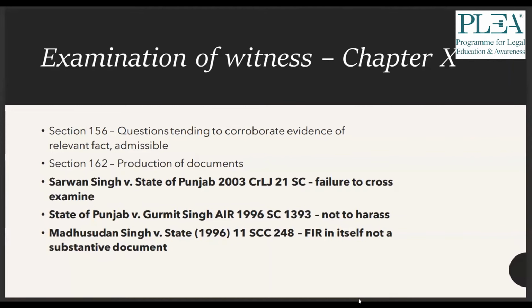It's a 1996 matter. Madhusudan Singh versus State is again a 1996 case, and it talks about FIR not being a substantive document. Now, why? Because FIR is written by the police. Once they catch hold of a person, they see what has happened and they write certain sections of IPC. Say they have written 457, 353, 511, read with 34, all those kinds of things in the FIR.